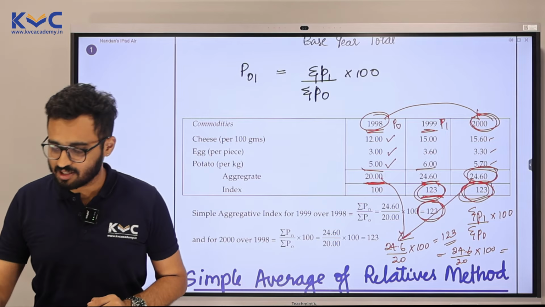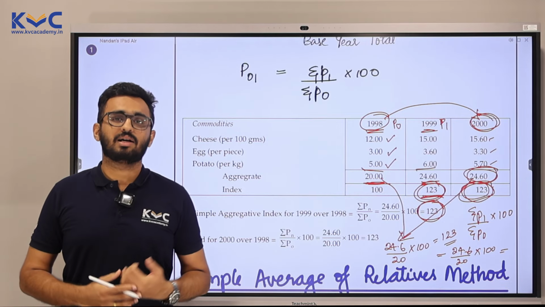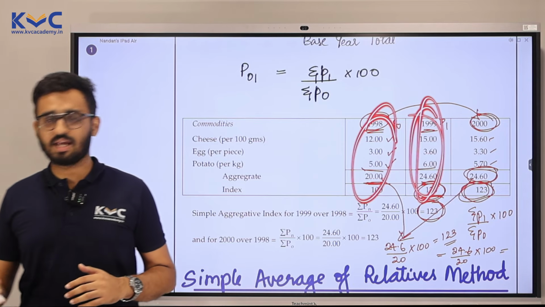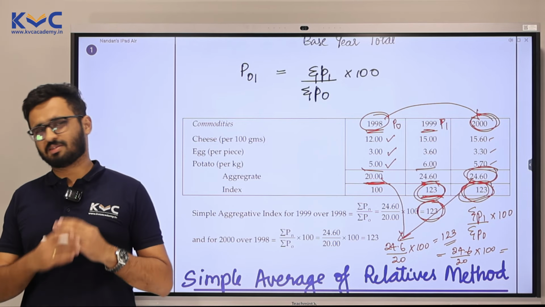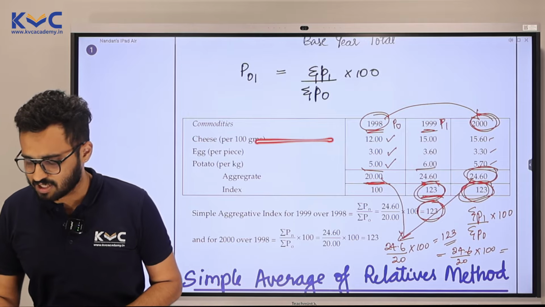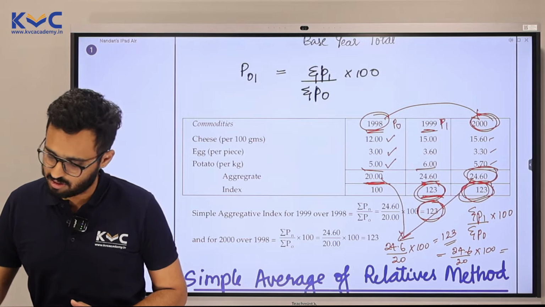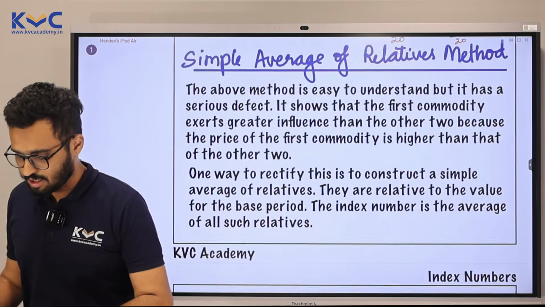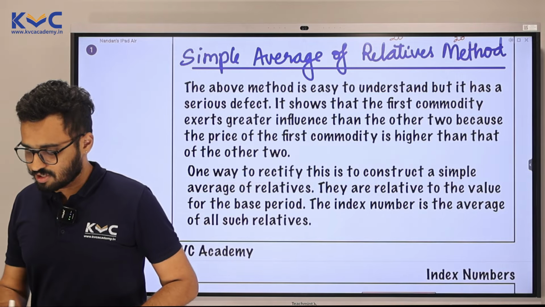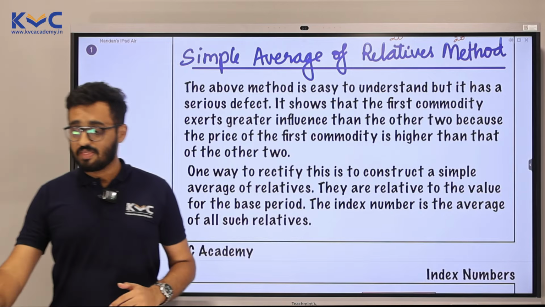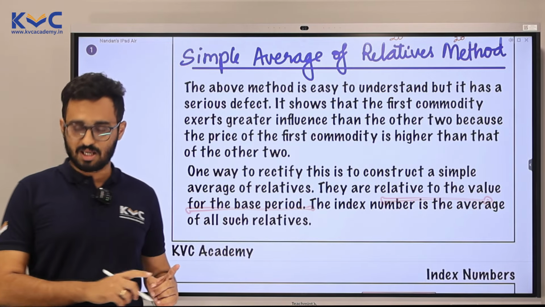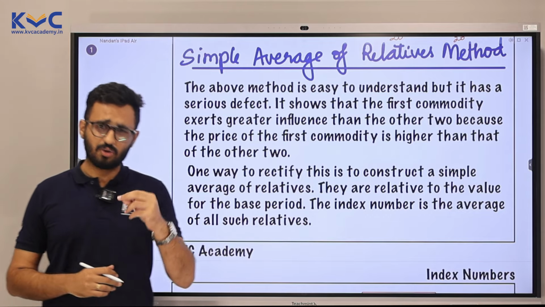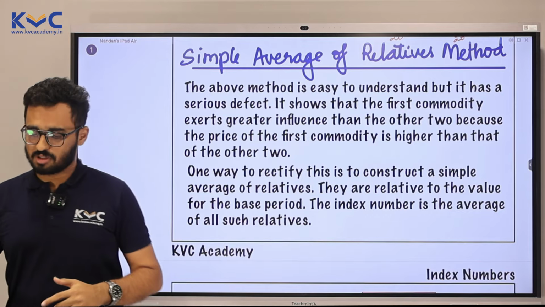To avoid this kind of inconvenience, you get the point, right? In simple aggregative, you are simply aggregating, so you are not giving specific importance to each of these, you are just looking at all of them together. So that is why we have the simple average of relatives. One way to rectify this is to construct a simple average of relatives. They are relative to the value for the base period. The index is the average of all such relatives. So you know what the solution is for this issue?